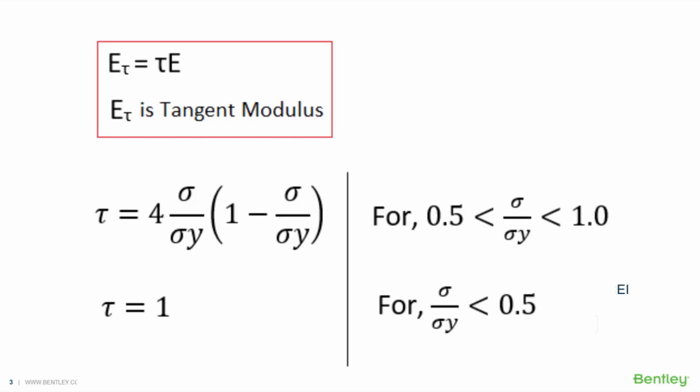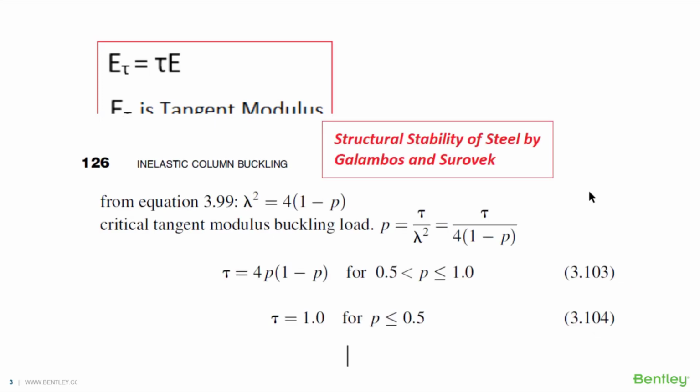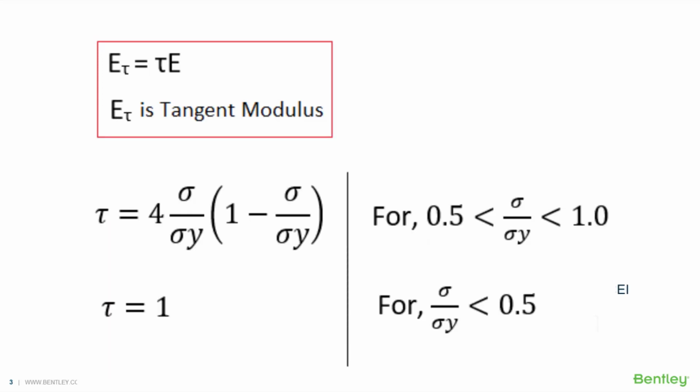We can call it the tangent modulus. To know the exact derivation, you may refer to the book on stability of structures by Galambos and Surovek. Now, this relationship has a factor called tau b. You must have seen it if you have used the direct analysis before. So we are slowly moving towards that direction.